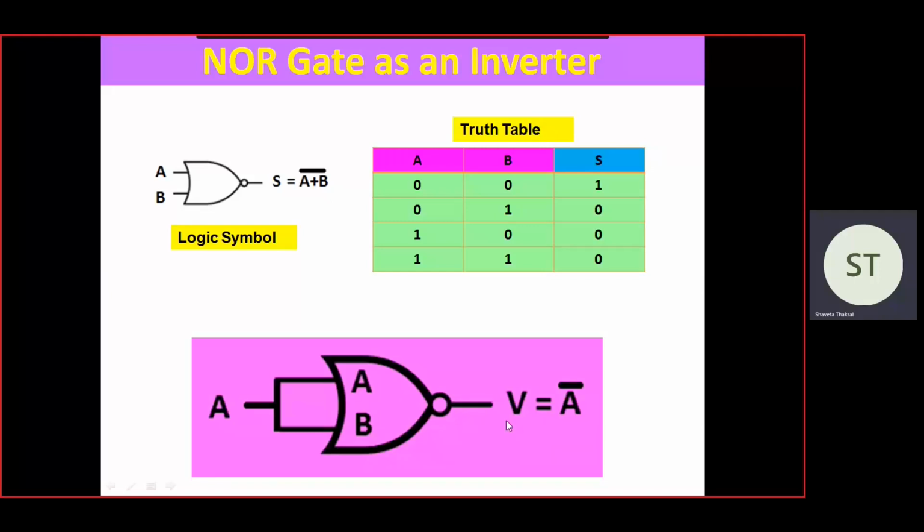So here V will be (A plus A) to the whole complement, and A plus A in the digital electronics we know that is A. As per the OR law we have discussed, A plus A is A. So that becomes A complement, and A complement, that is the Boolean expression of inverter.